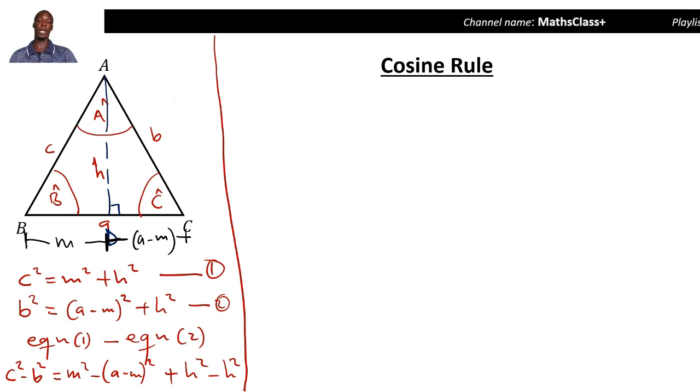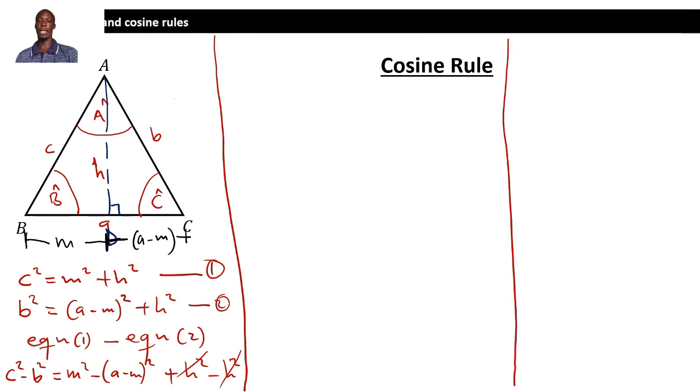And so H squared and H squared are like terms, and with a minus we can subtract. And then with that done, the remainder is C squared minus B squared is equal to M squared minus A minus M whole squared.